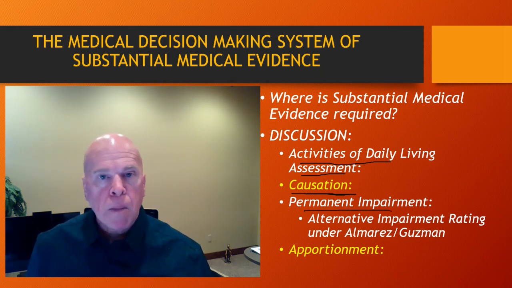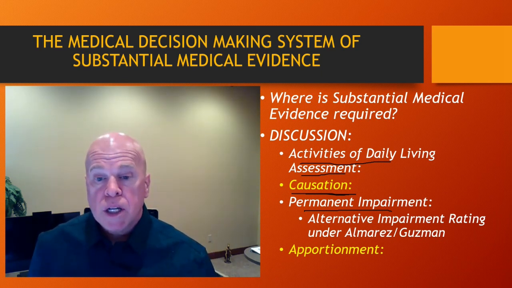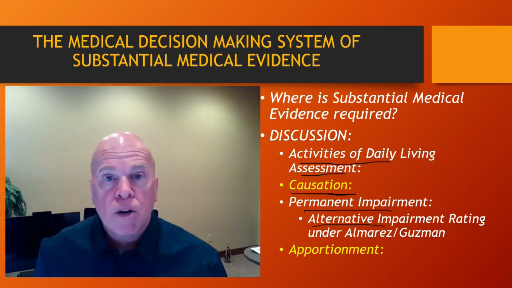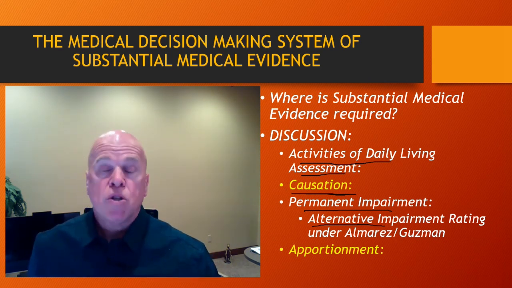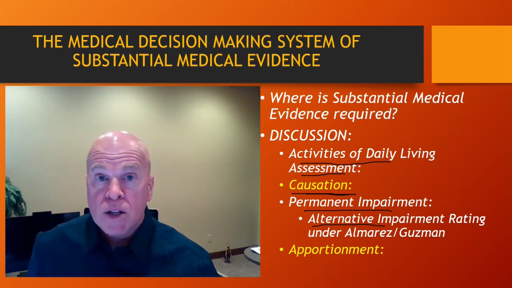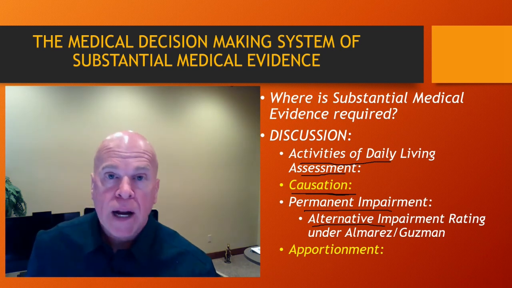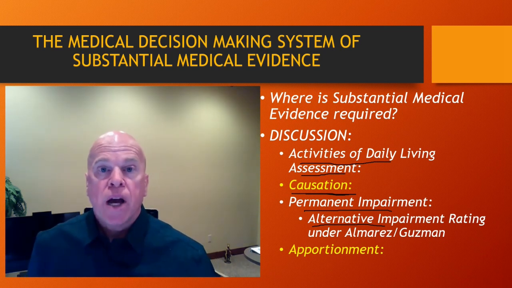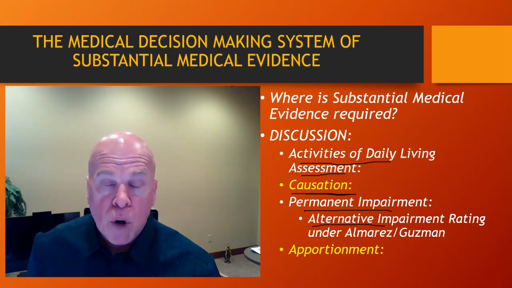Your permanent impairment rating must be supported by substantial medical evidence, and certainly if you use an alternative impairment rating under Alvarez and Guzman, qualifying that opinion as a substantial opinion requires its own separate process and procedure to qualify that. The alternative impairment rating as a substantial, most accurate rating has its own procedure, and we'll talk about that in another program.